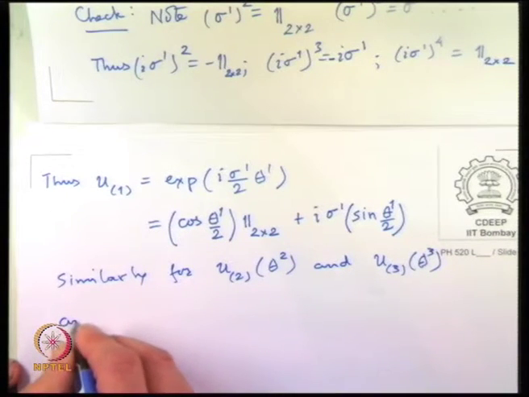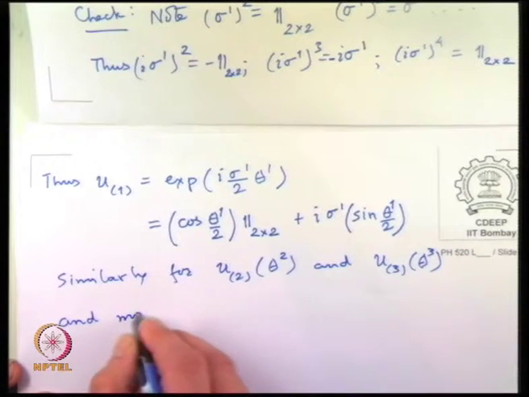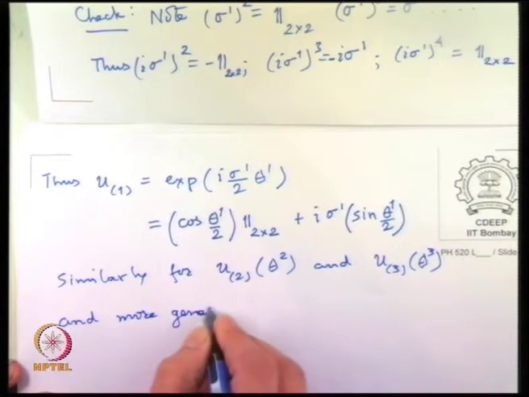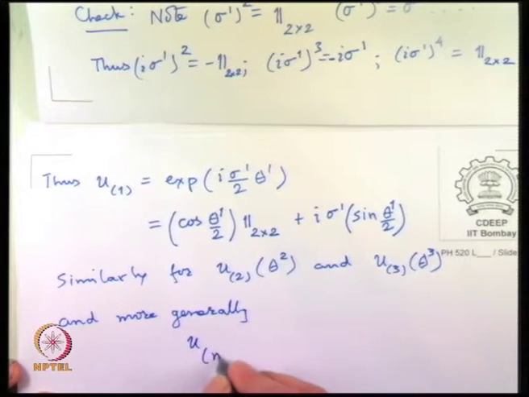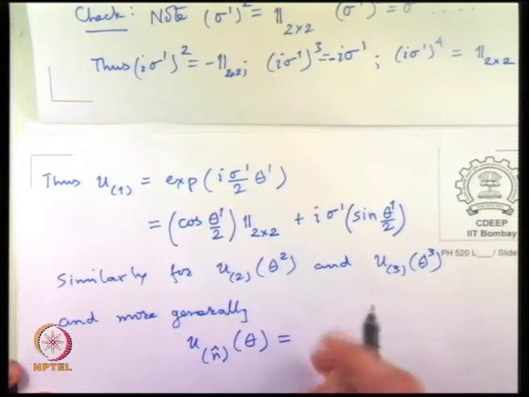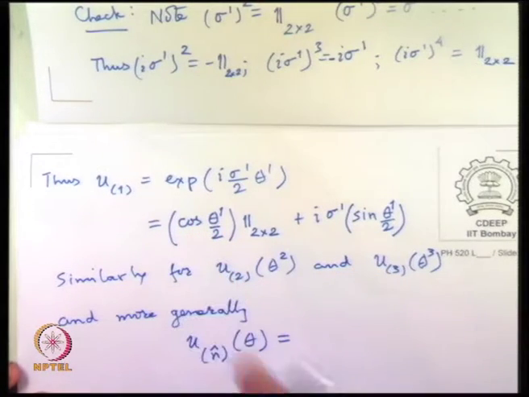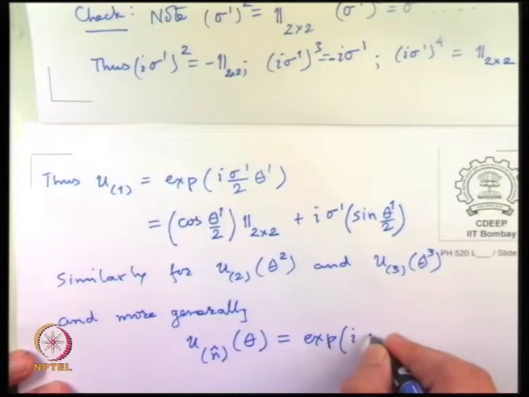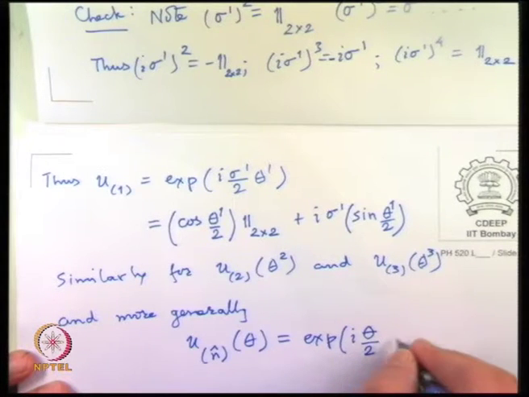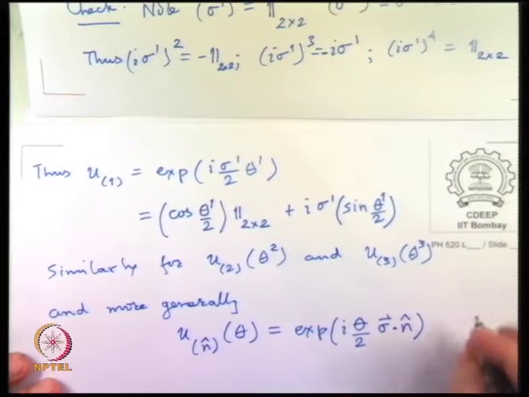And more generally, u with subscript n cap of theta, with the convention we put for theta, is exponent I times theta by 2 times sigma dot n cap, where n cap is a unit vector.